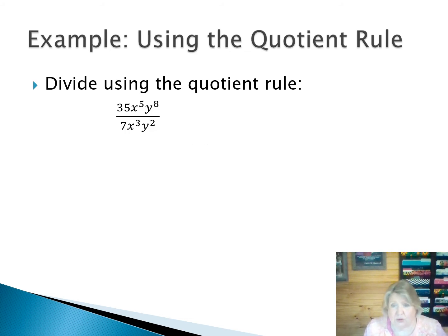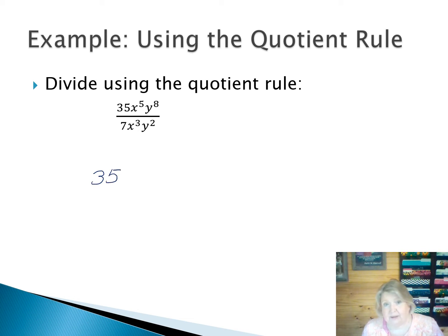Divide using the quotient rule. Now, Miss Harold didn't give you one of these really easy first year Algebra 1 steps in this one. But we're going to do it exactly like we ended yesterday, and if you did practice it enough so that you could do it without having to break it down, then you could probably jump right into this one.